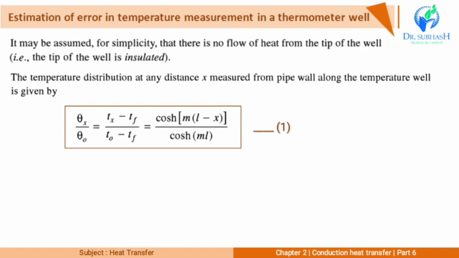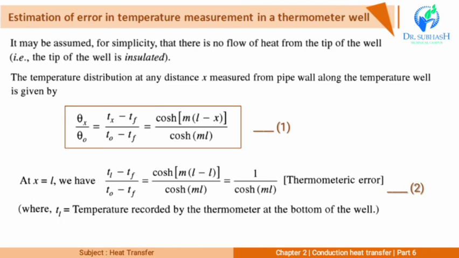Say equation number 1. At x is equal to L, we have T suffix L minus Tf divided by T0 minus Tf is equal to cos hyperbolic m into L minus L divided by mL, so it is equal to 1 upon cos hyperbolic m into L, that is thermometric error.